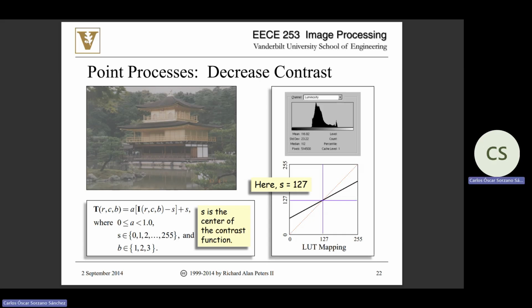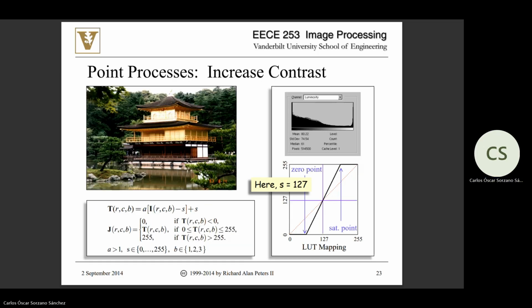This is the same as we have there. Very good. Then the next operation will be increasing the contrast. So now, instead of having a slope smaller than 1, we will have a slope larger than 1. And then we have to be careful with the saturation.